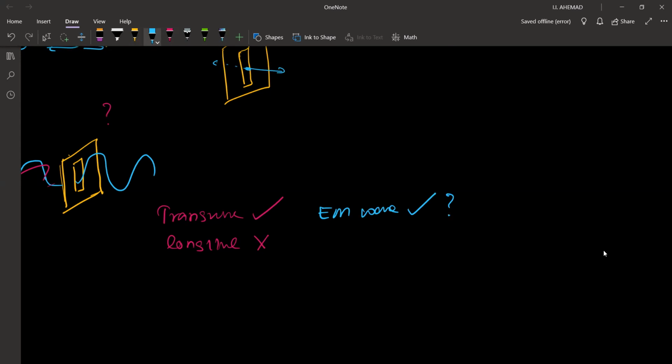So what type of wave is EM wave? Now we go in reverse. First we understood if it is transverse we can polarize. If it is longitudinal we cannot polarize. And then we have this EM wave. We are able to polarize. Therefore, EM wave has to be transverse. So that's the idea, okay?